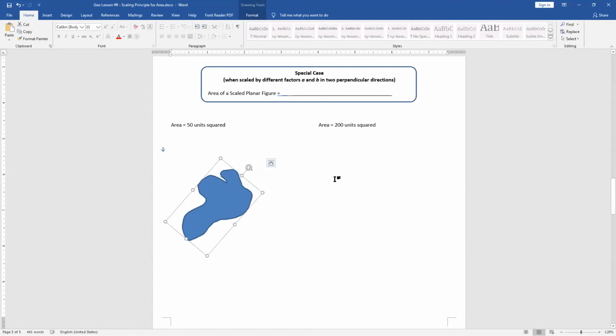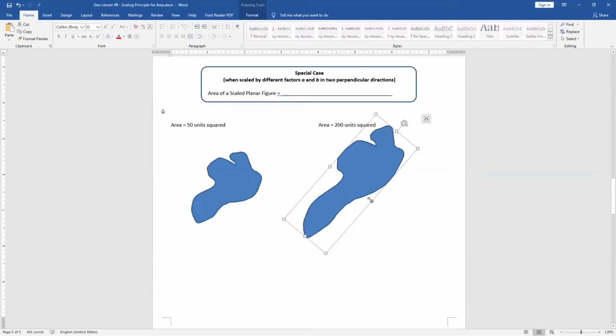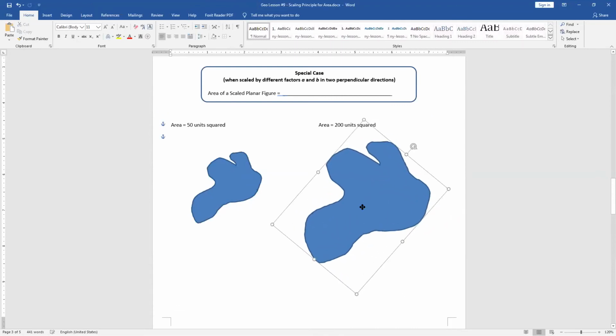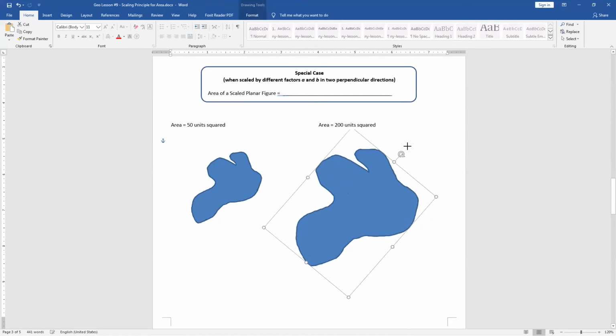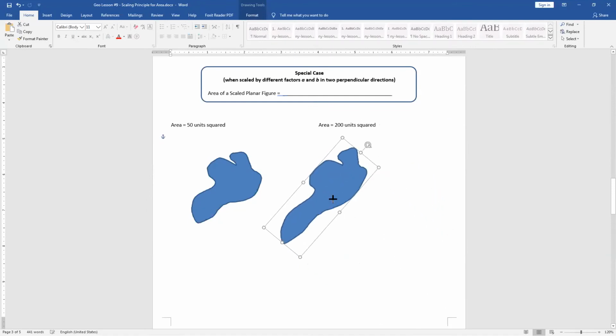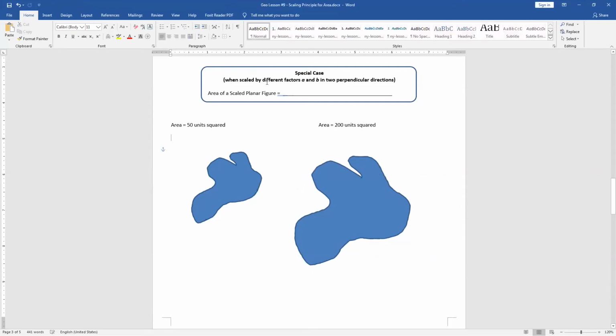If this were my original shape, it looks like this, I could scale this in this direction and this direction, and the same exact principles would apply. This could be a scale factor of A in this direction, as long as the other scaling direction is perpendicular to the first scaling direction. This rule is still going to apply.